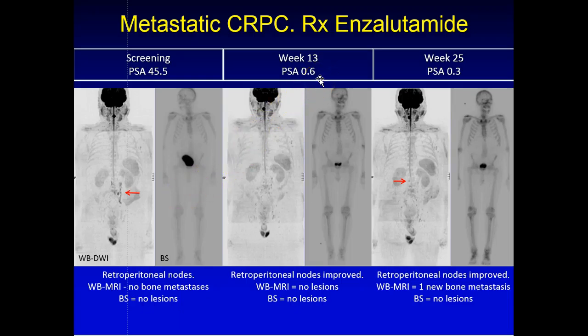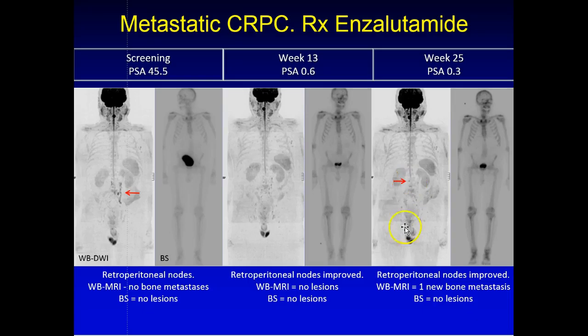At 13 weeks we can see partial clearing of the retroperitoneal lymph nodes. The bone scan is still negative, so everything is completely consistent. And then at week 25, the MRI shows you a new finding. The bone scan shows you no new abnormality.